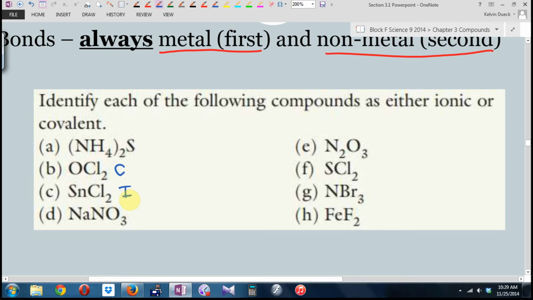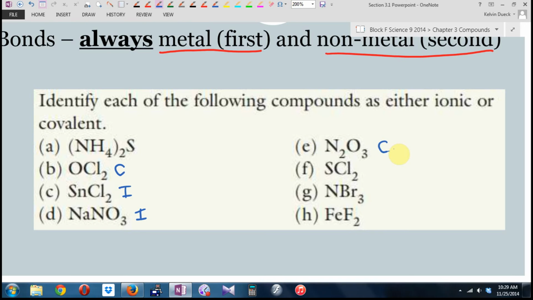What about D? What's the first chemical you see? Sodium? Metal? It's ionic. What about E? What's the first thing you see? Nitrogen? Metal or non-metal? Covalent. This is why I said, do you have to memorize the periodic table? No, but is it worth knowing your way around so you don't have to look up every single one of these? Yeah.